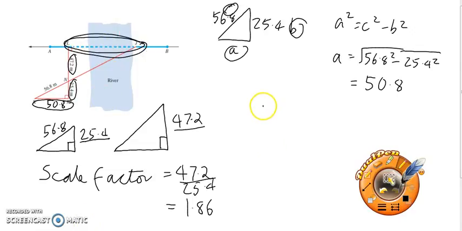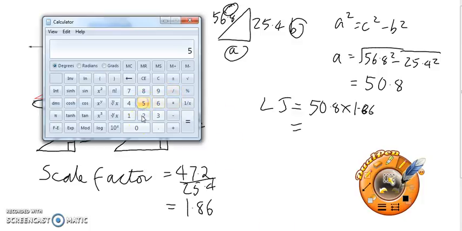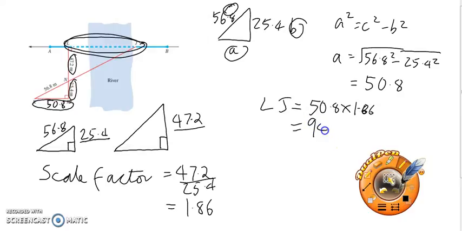So therefore we can say LJ equals 50.8 times 1.86, and we get 94.488. So for some of these harder questions, you really need to realise you've got to combine a couple of ideas.